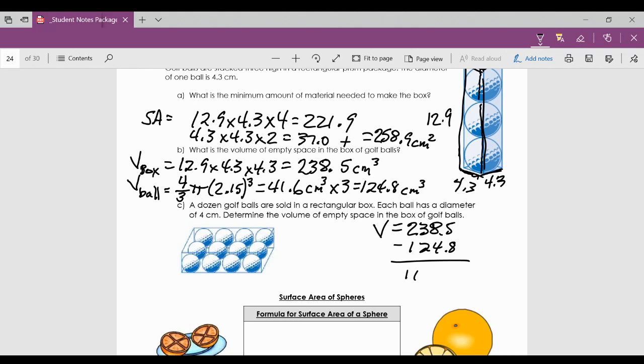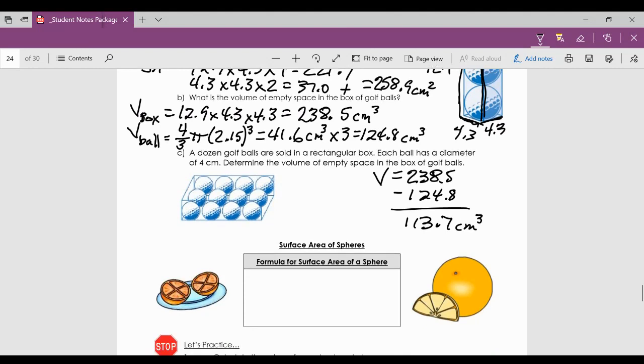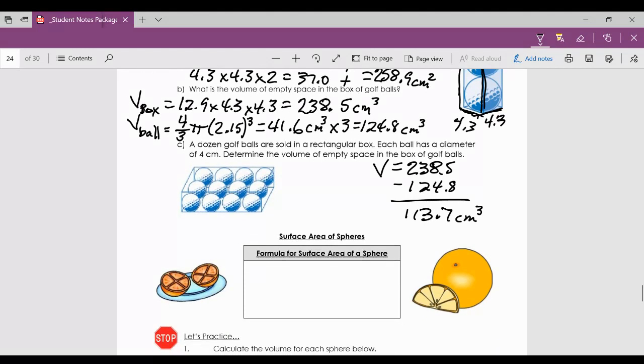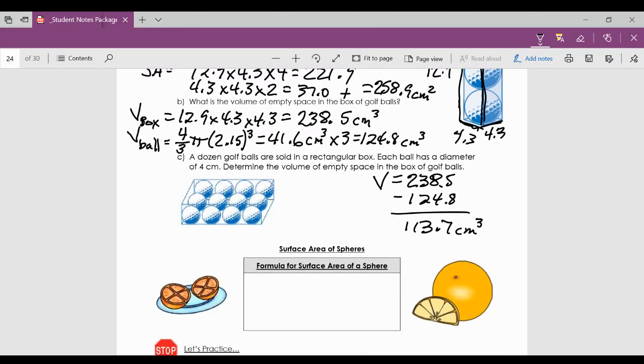That is 113.7 centimeters cubed. Okay. You try question C, similar to question B, but instead of 3 golf balls, we've got 12 golf balls.